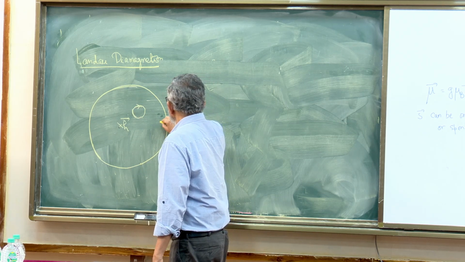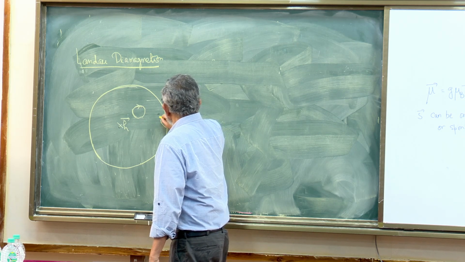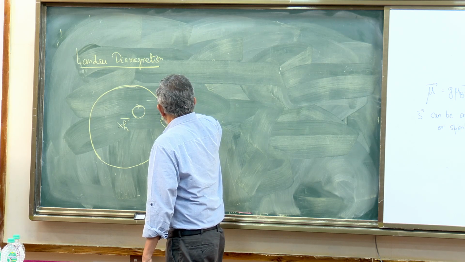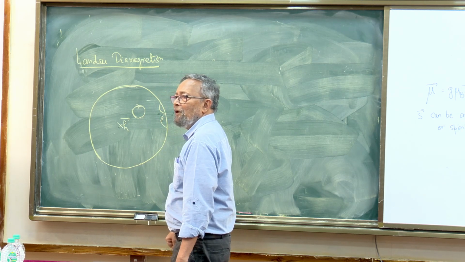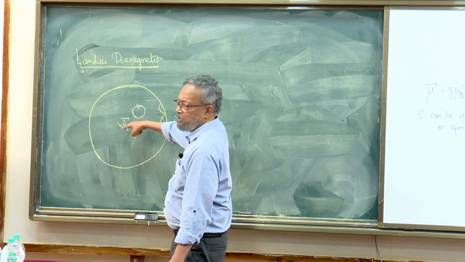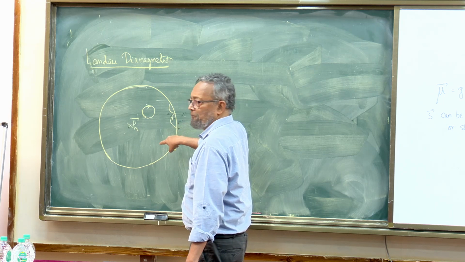If you start from here, then you go like that. You start a clockwise orbit, and it's a defective boundary condition.